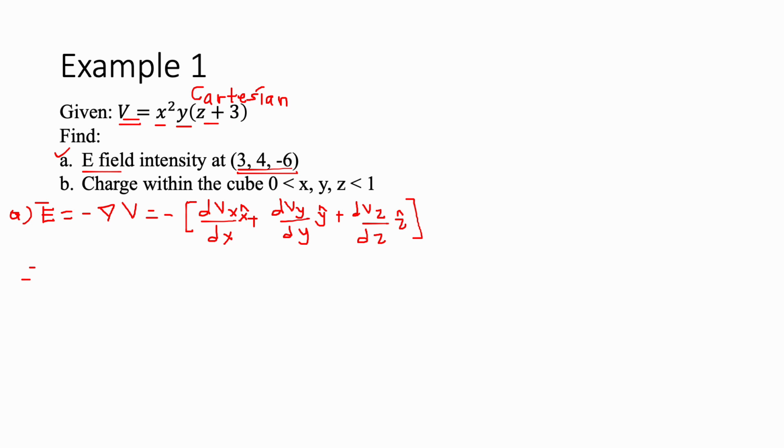So if you proceed with the calculation, we will get negative 2xy. You have to differentiate, it will be z plus 3 in the x direction.